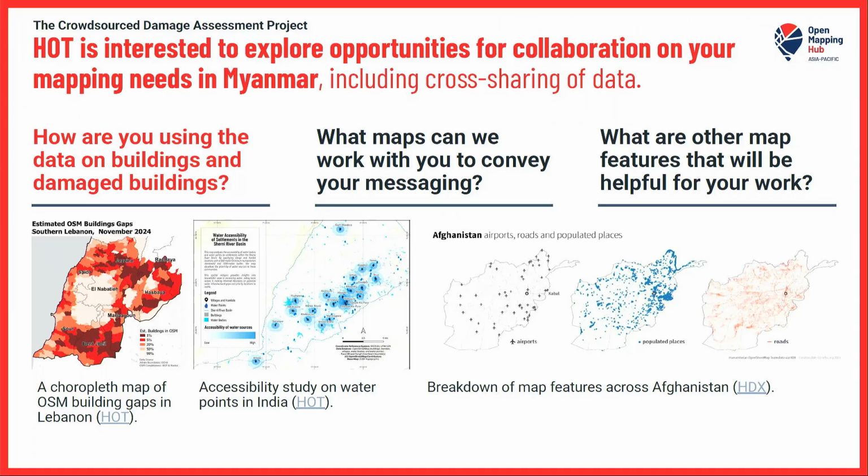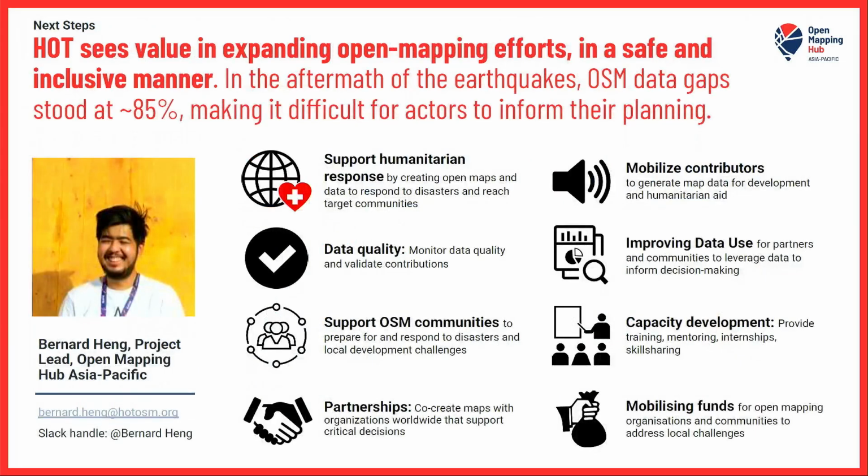So if you are one, please reach out to us and email our project lead, Bernard Heng. So his email is there. And if you have other needs such as humanitarian response support, data quality, support for OSM communities, partnerships, mobilizing contributors, improving your data use, capacity development, trainings, and mobilizing funds, the Humanitarian OpenStreetMap Team or HOT is here for you.